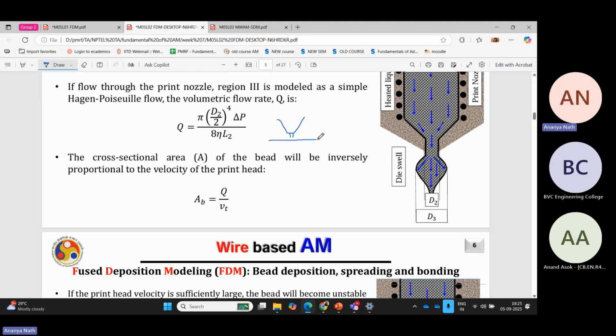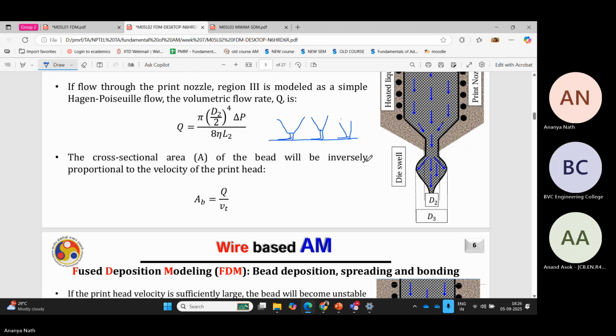If you put your build plate here, you can get the deposited bead like this. You can put the build plate a little bit far away, or you can put the build plate just at the layer thickness. So there are three cases, and three cases will give you three different results.